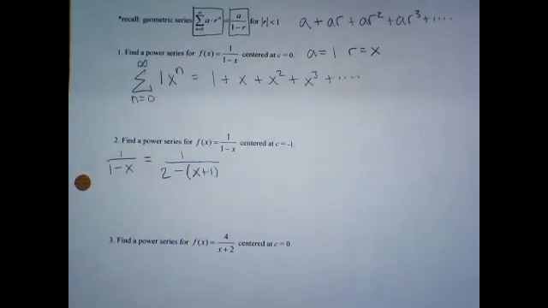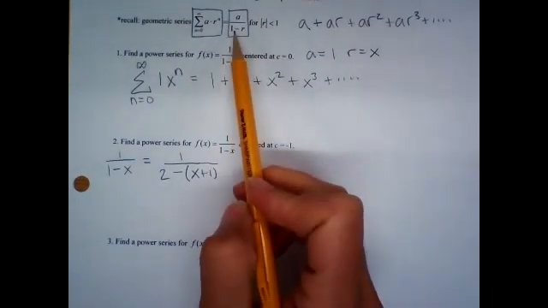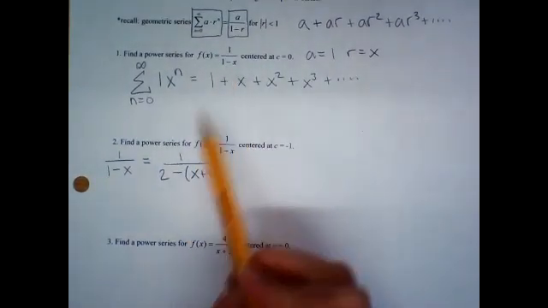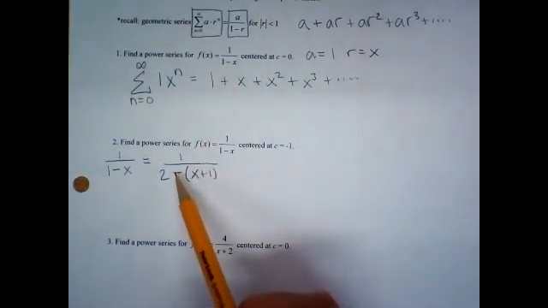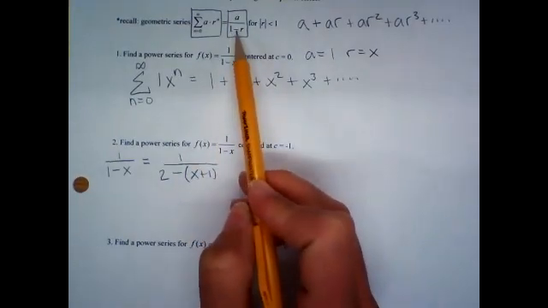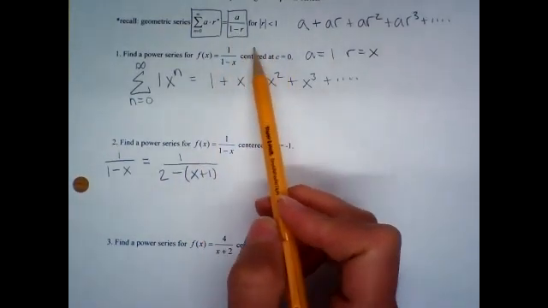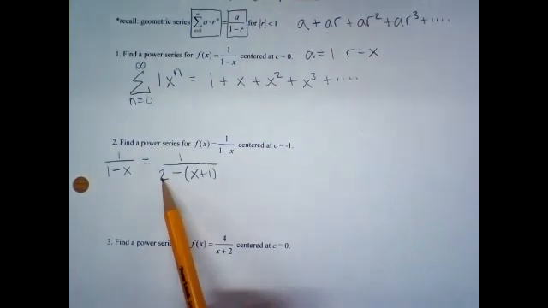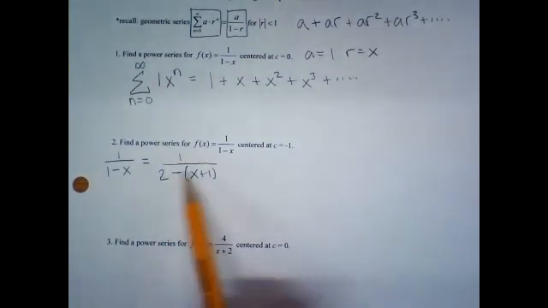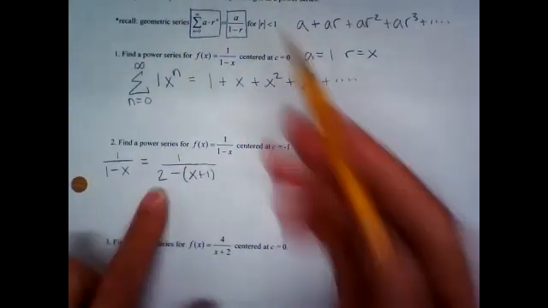And some of these are kind of tricky like that. You have to do the algebra manipulation. Now the next thing is, it is subtraction, so we have that, because sometimes it's addition and then you have to multiply by a negative. But it needs to be 1 minus r. So I need to fix it so that this is a 1. So I'm going to divide everything by 2, and that will make that be a 1.